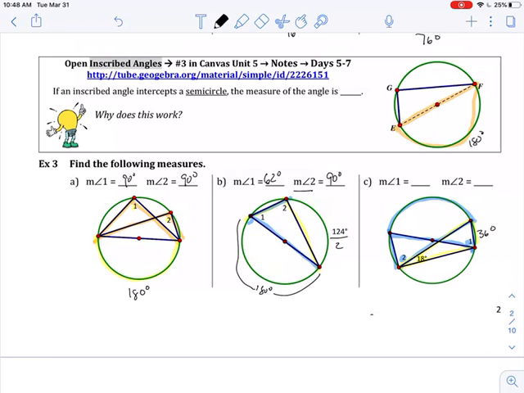And then I can use the fact that I have a diameter right there. So I know if I take 180 minus 36, which gives me 144, this arc right here would be 144. So if I divide that 144 by 2, that gives me angle 2 and angle 1. So those are both 72 degrees.